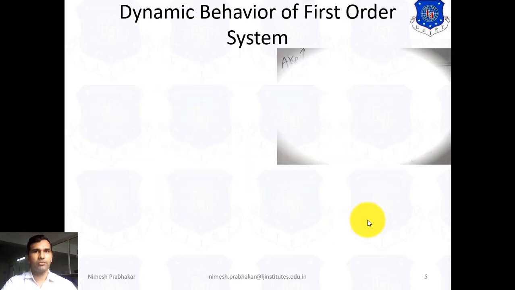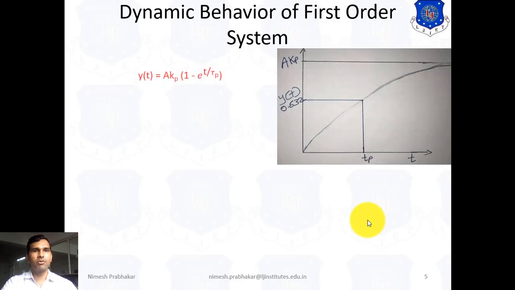Now in this equation, we consider t equals 0, so we put 0 instead of t.